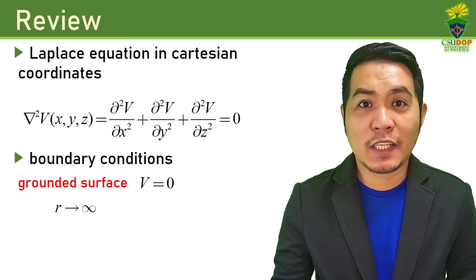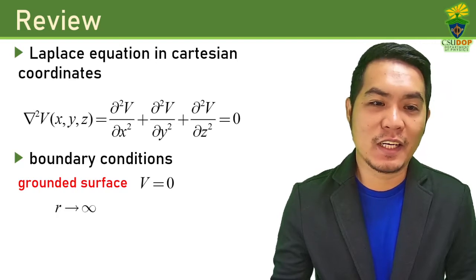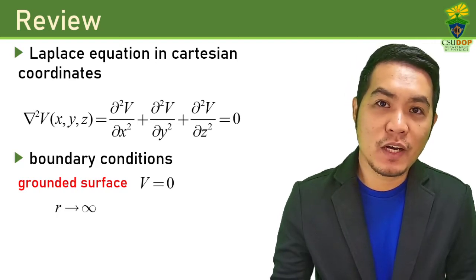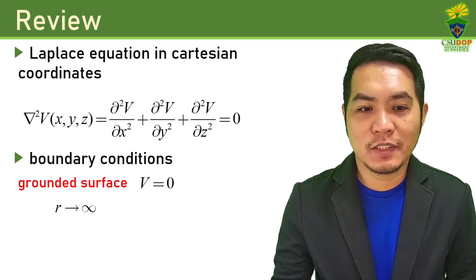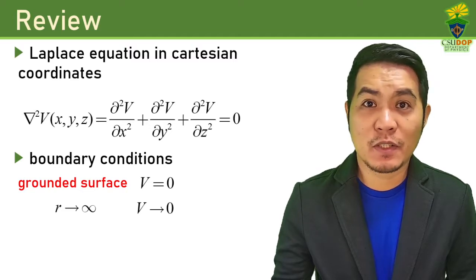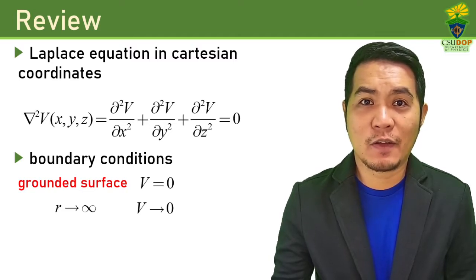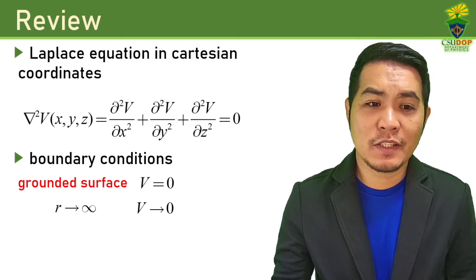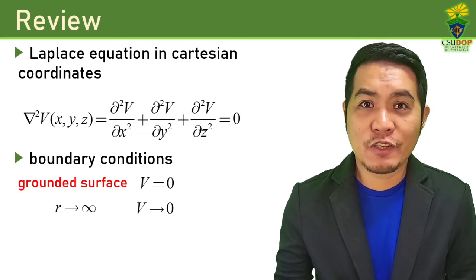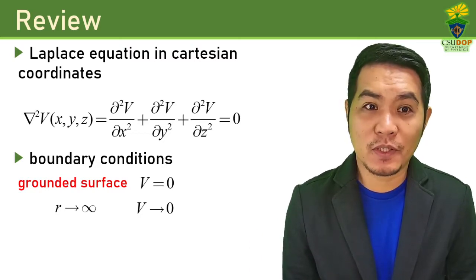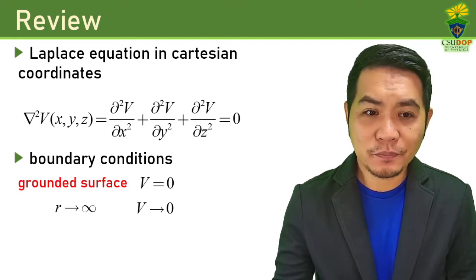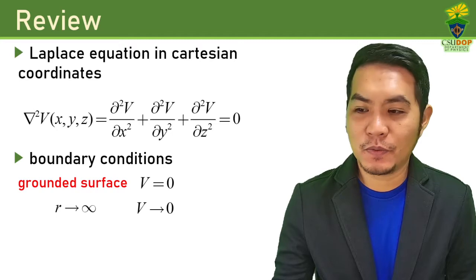Another common generic boundary condition is when R approaches infinity, then your potential must approach 0, since the potential is inversely proportional to R.